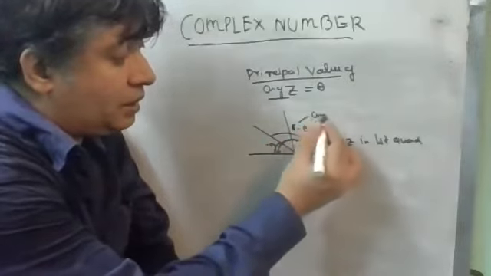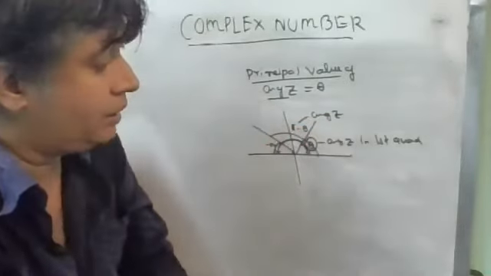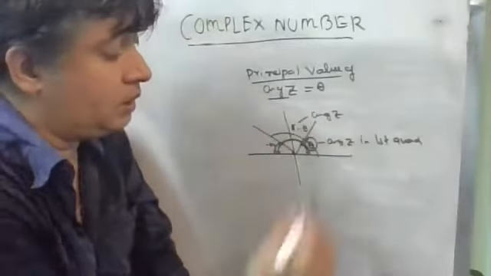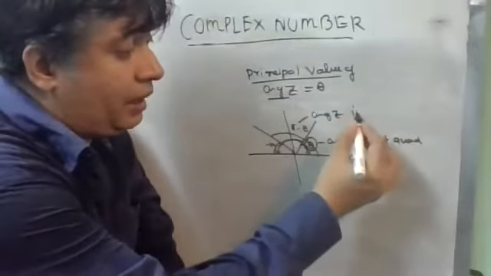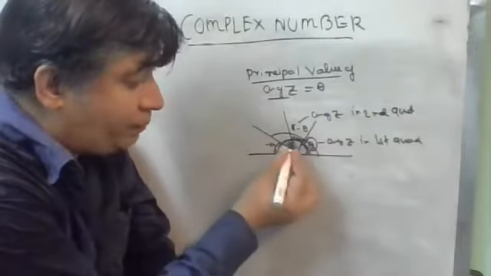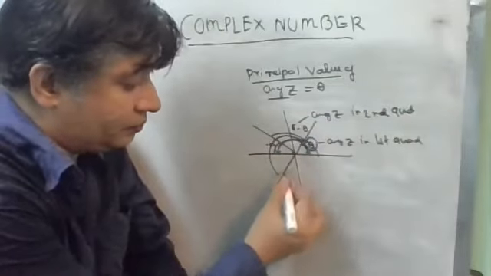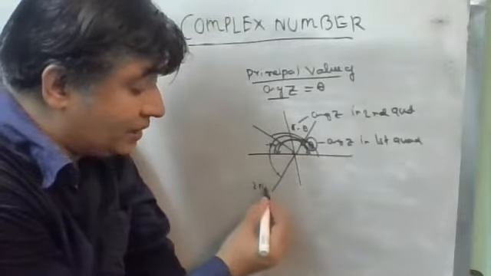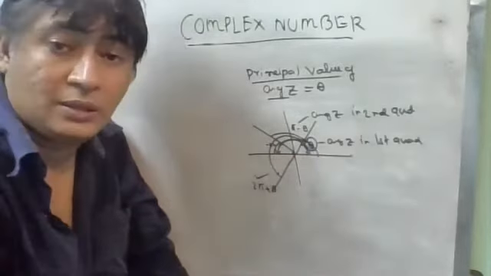This is the argument of z in the second quadrant. Now, if you skip to the third quadrant, like this, if you take 2 pi plus theta, that is also right.